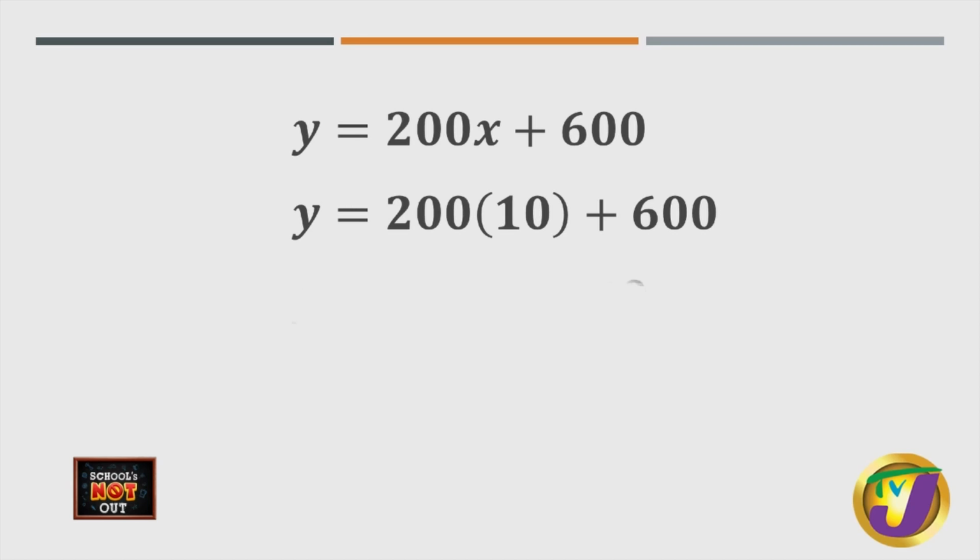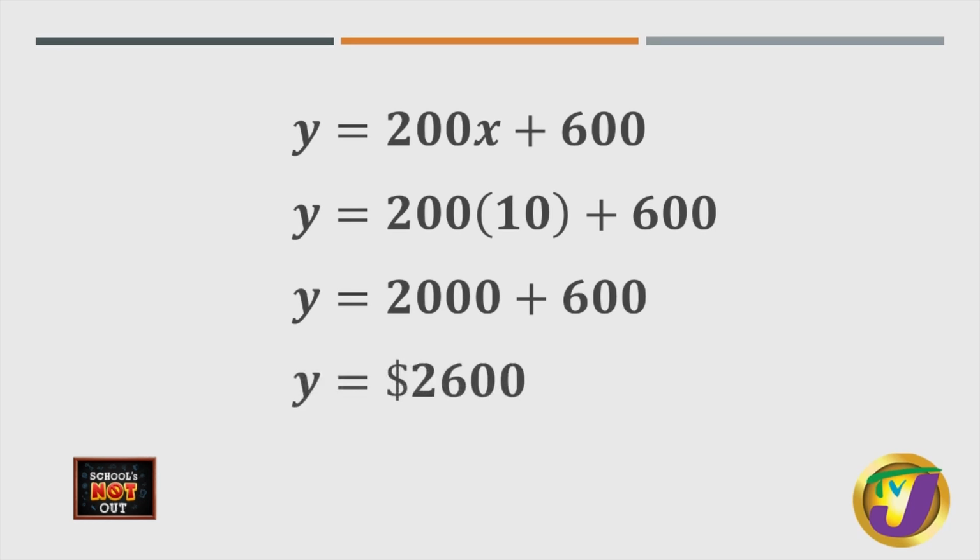So for every 10 kilowatt hours, how much will you be charged? $2,000. Or remember, they have some wire in your house, so you have to pay for those wires. $600. Total bill, $2,600.